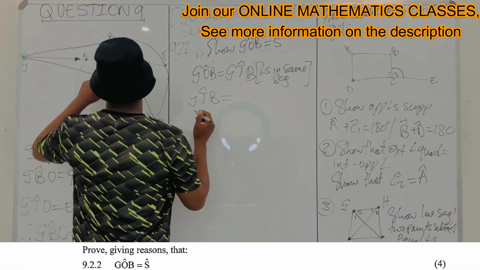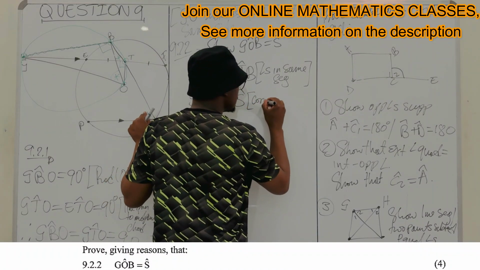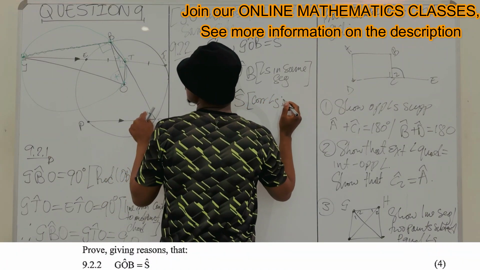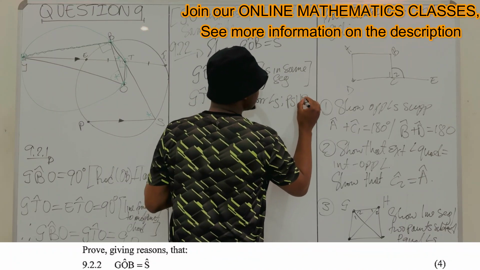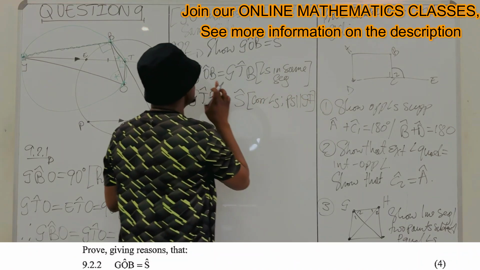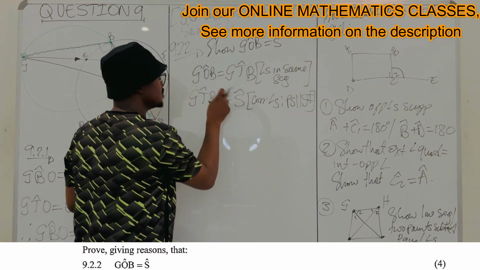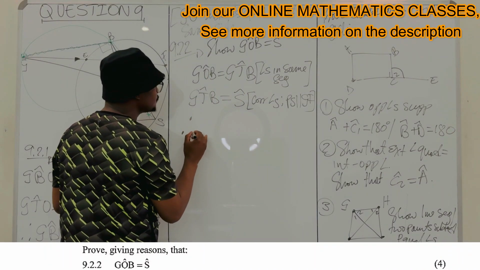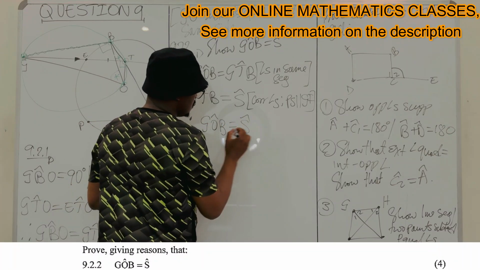So this angle here is equal to angle S. Why? These are corresponding angles on parallel lines because your PS is parallel to GF. So look now, your angle O is equal to angle T and the same T is equal to S. So these two are equal, which is therefore your GOB is equal to angle S, which is what we wanted to prove.